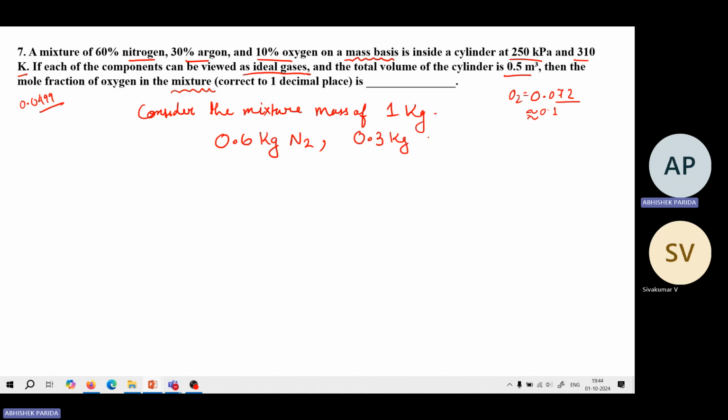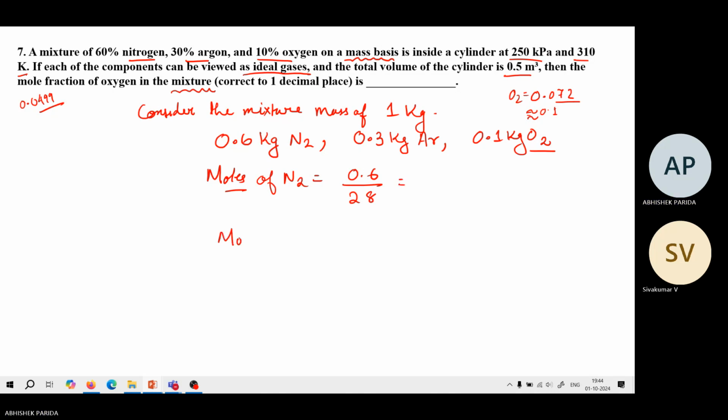0.3 kg is argon. 0.1 kg is oxygen. Okay. Now, once that is done, calculate its moles. How do you calculate the moles? Moles of nitrogen, mass by molecular weight.